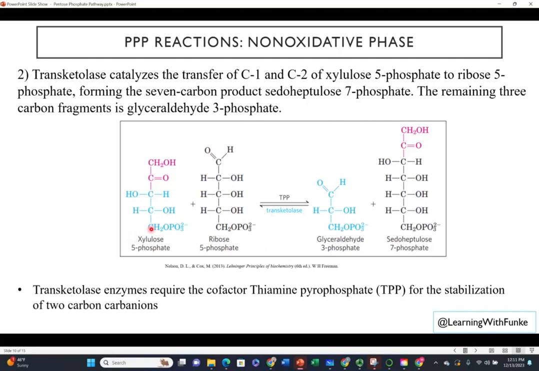But pretty much we go from xylulose 5-phosphate in this step to ribose 5-phosphate, and this enzyme transketolase is catalyzing the transfer of carbon 1 and carbon 2 highlighted here of the xylulose 5-phosphate to ribose 5-phosphate to form this 7-carbon compound like I just went over, sedoheptulose 7-phosphate, and this 3-carbon G3P. So you can see here that this G3P pretty much comes from the xylulose 5-phosphate, right? And then this sedoheptulose 7-phosphate is pretty much the ribose 5-phosphate plus the carbon 1 and carbon 2 previously from the xylulose 5-phosphate.